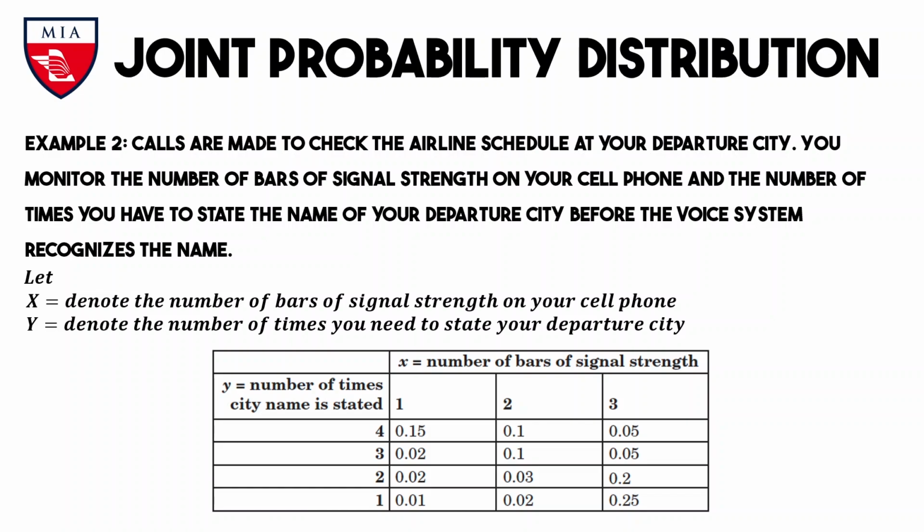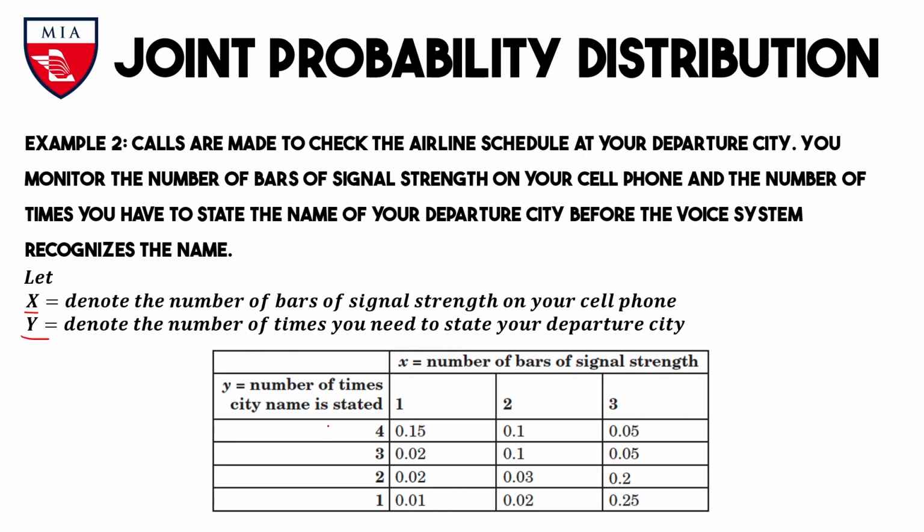So in this example, our x denotes the number of bars of signal strength on your cell phone, and our y denotes the number of times you needed to state your departure city. That's how we make a tabular representation of a joint probability distribution.